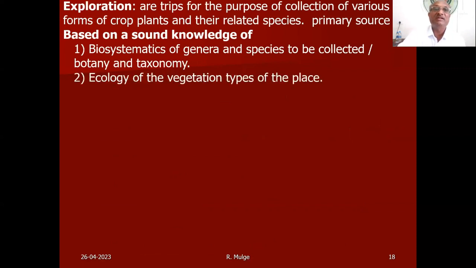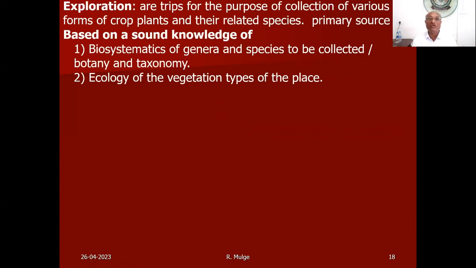Then you have to carry out the exploration. These are the trips for the purpose of collection of the various forms of crop plants and their related species. Primary sources are based on the sound knowledge of biosystematics of genera and species to be collected, botany and taxonomy.